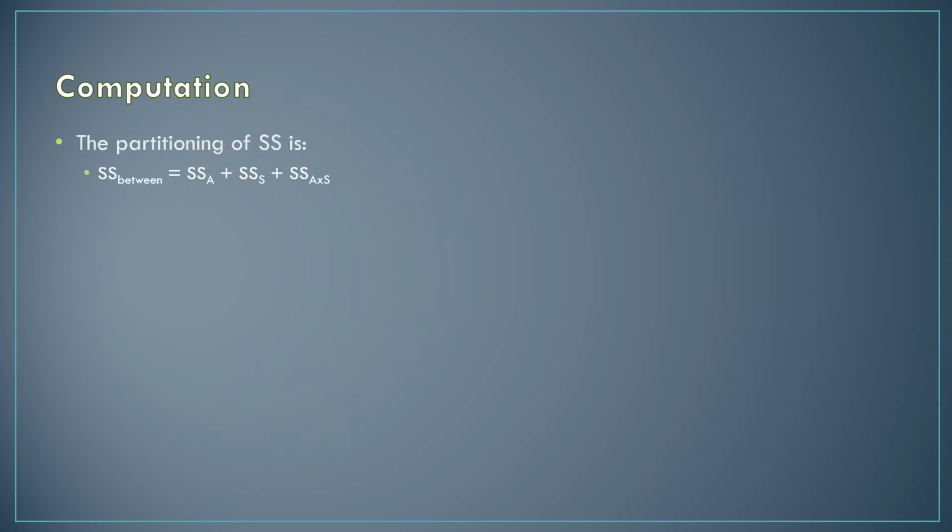And so we still have this between sum of squares, but now it's a little bit different in that your between sum of squares is looking at each level of the independent variable, but also each individual subject, because now you have each individual subject being compared to themselves at each level of the independent variable.